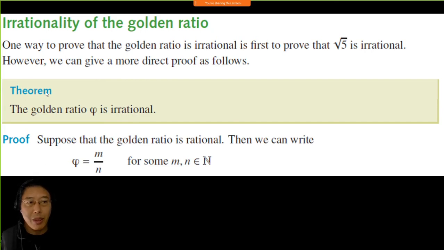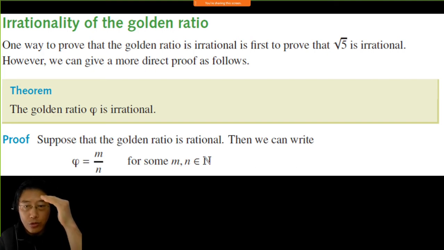Now, what do you mean by theorem? If you don't remember what a theorem is, it's not like a rule. It's actually something you can prove, there's a proofing, and then you come up with a sort of rule, but it's coming from proofing. So that's why you call it a theorem. To prove that the golden ratio is irrational, one technique is you start your statement by saying the opposite.